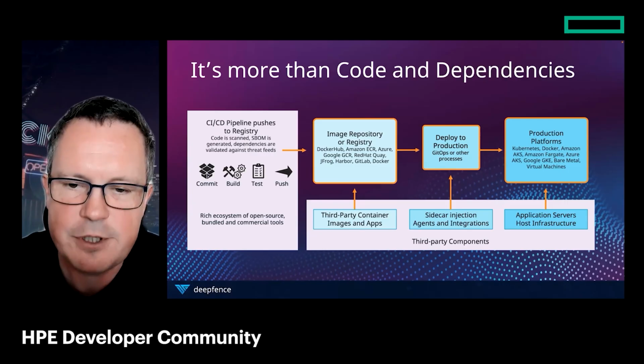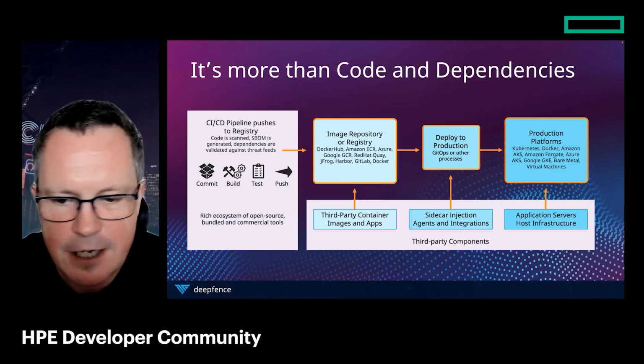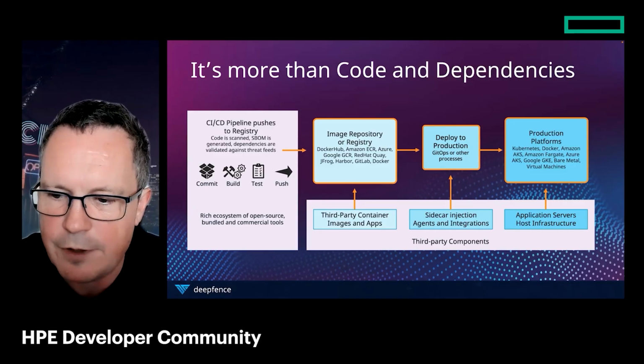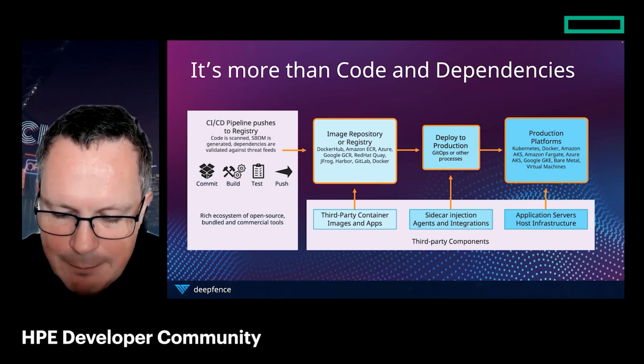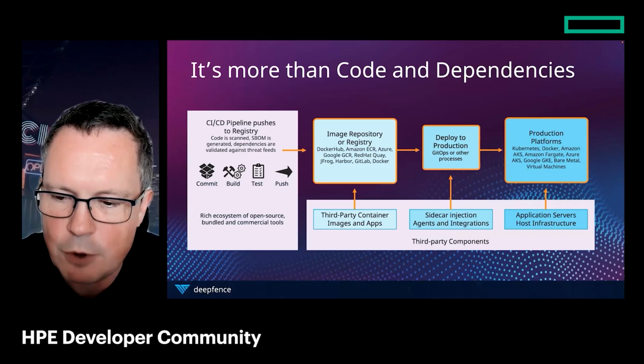Components that run in production can be sourced from multiple places, not just components that you've built yourself and put in a staging repository, but third-party container images and third-party applications may be running within production. At deployment stage, for example with mutable admission controllers, those components may be modified.